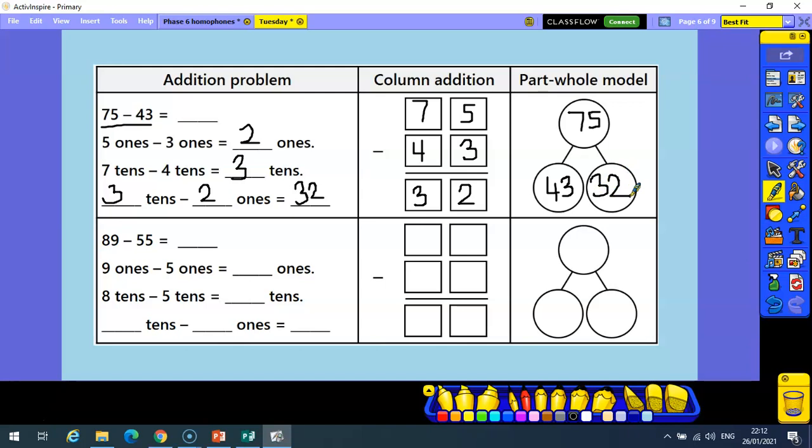Let's have one last try, and then it's going to be your turn, okay? The calculation is 89 take away 55. 89 is the number I'm starting with.